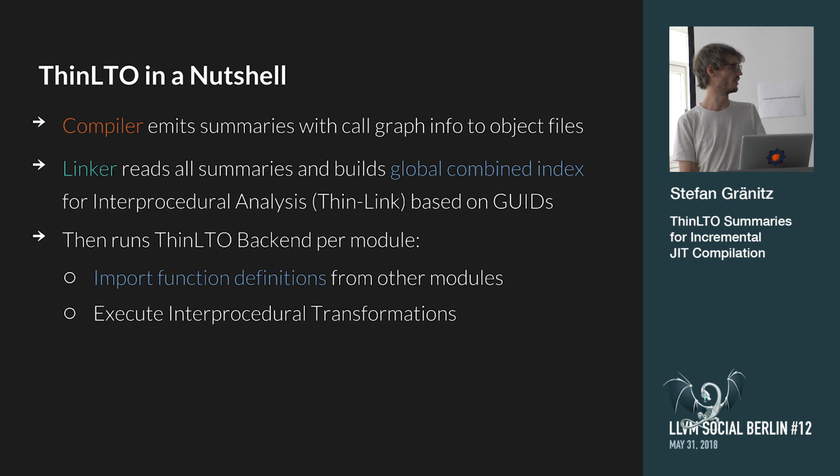This is called the thin backend, and during this process, for each module, the definitions that it needs, or that it could use from other modules, are imported, and then interprocedural transformations are executed with the whole view of whatever the module needs.